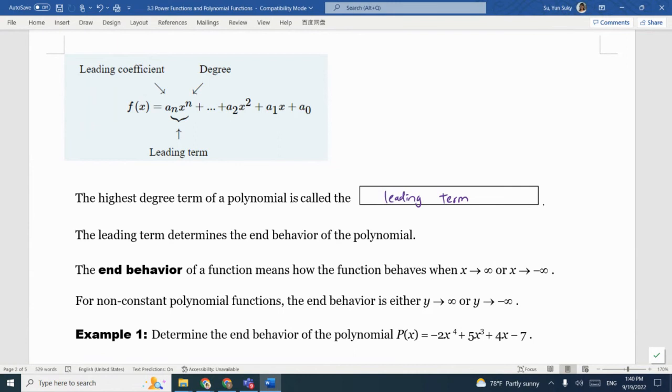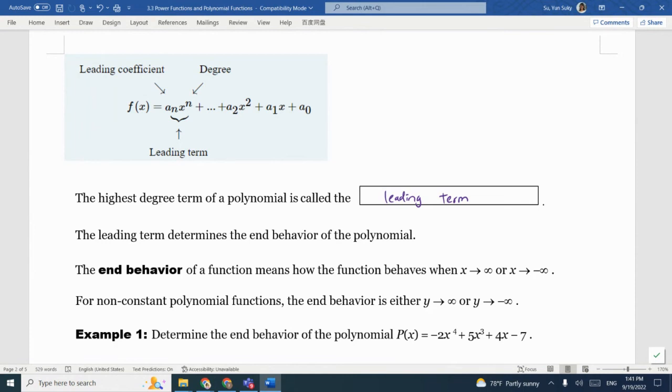Let's say we have, for example, 2x to the 4 minus 3x minus 7, something like that, or plus 7. x goes to infinity. Think about it. If I put x equals 10, well, x to the 4th has 4 zeros, right? x is just 10.